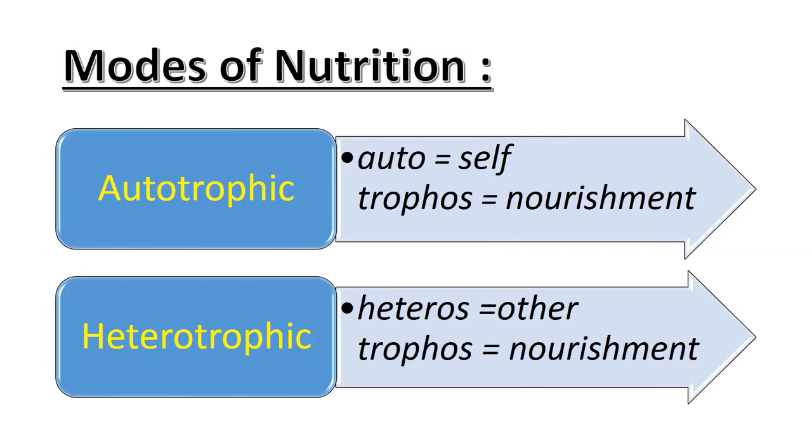Living organisms exhibit two modes of nutrition, namely autotrophic nutrition and heterotrophic nutrition. Autotrophic: auto means self, trops means nourishment. Heterotrophic: heteros means other, trops means nourishment.